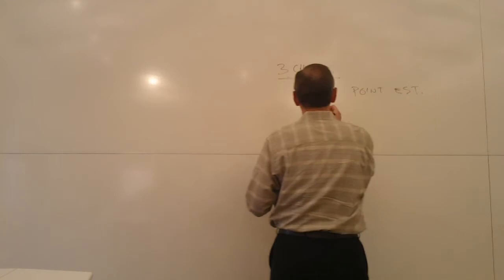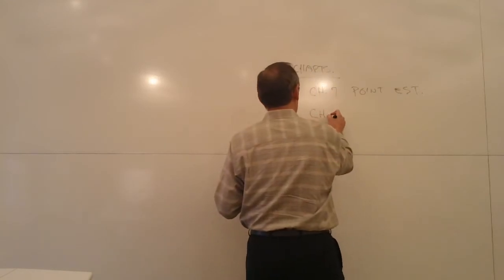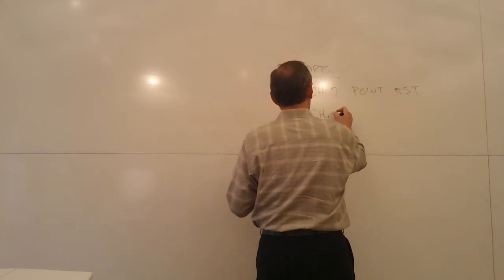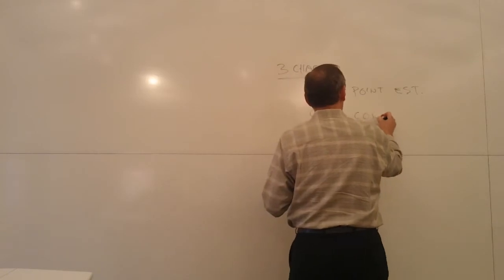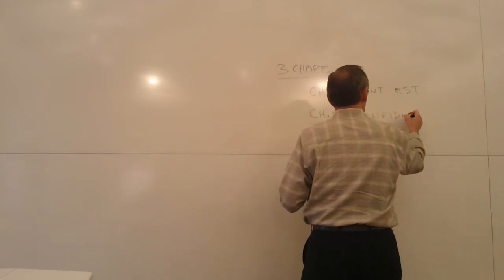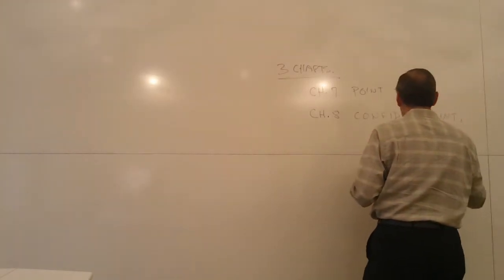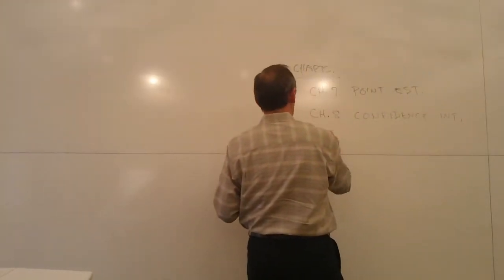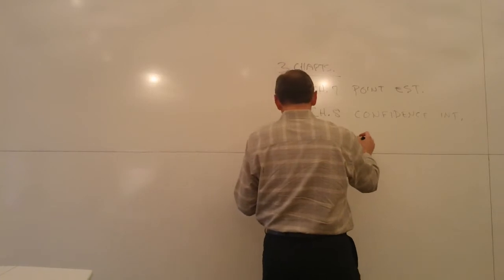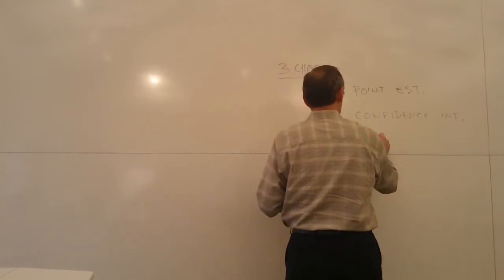But of course, we quickly realized that by itself wasn't adequate, and we needed to use confidence intervals. And then we realized even those weren't everything we could do, and we did hypothesis testing.